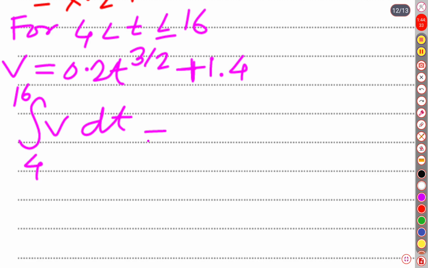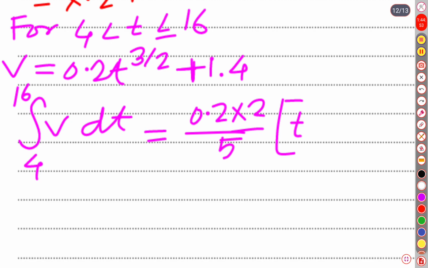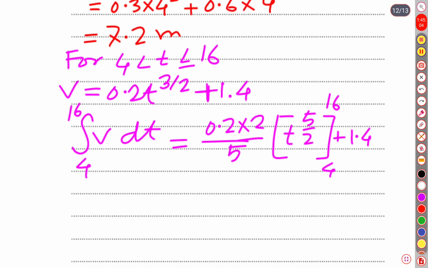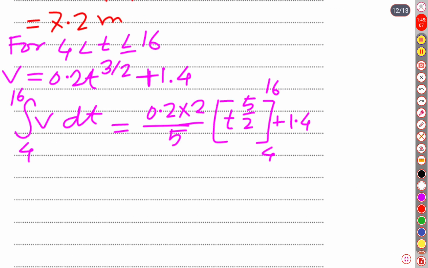If we integrate this, 3/2 becomes 5/2, so 0.2 into 2 over 5, t raised to 5 over 2, and the limit is from 4 until 16, plus 1.4 t, with the limit from 4 until 16.